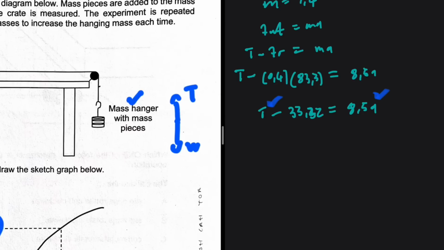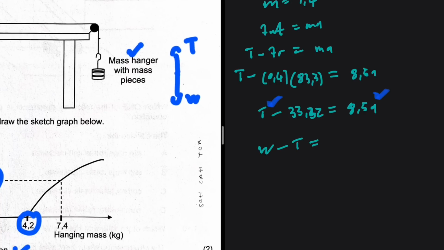It is going down because of the weight. So weight minus tension is equal to, not 8.5a, but the mass of the hanger, 7.4a. So the weight, 7.4 multiplied by 9.8, minus the tension is equal to 7.4a.